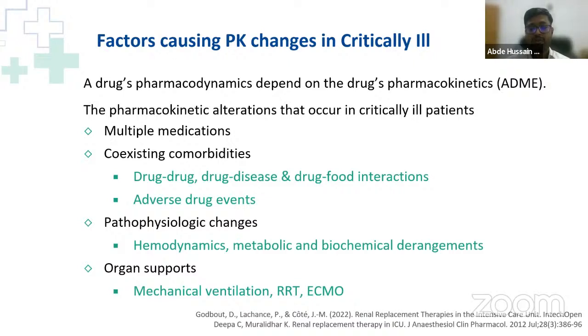A lot of fluids that we give in ICU again change the volume of distribution, as does obese versus lean patient; there are changes in the pharmacokinetics in both patient populations. Then the use of organ supports like mechanical ventilation, RRT, ECMO, where there's a chance of an increase in clearance of drugs.